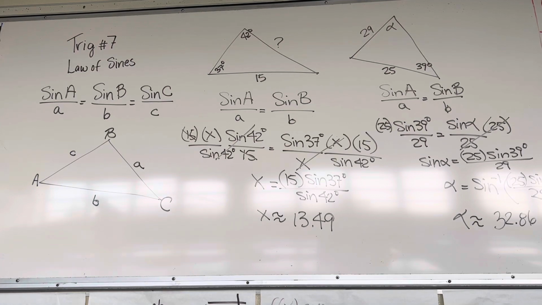You're my last one. Clear? Alright, so 39 sine times 25 equals, divided by 29 equals, second, that makes this into a sine to the negative 1. Yes. There you go, it's the law of sines.